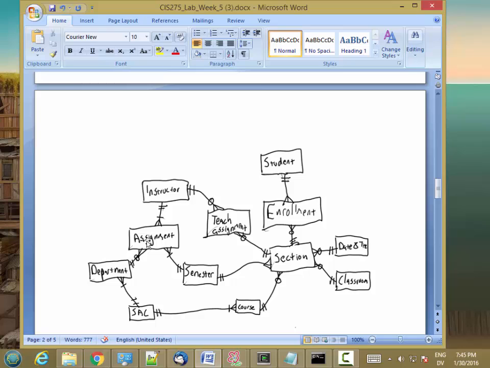Assignment is another weak entity because you can't have an assignment without an instructor who's assigned to teach the course, a department that they're assigned to teach for, and a semester that they're assigned to teach in. So assignment is also a weak entity. Generally speaking, most of these intersection entities you create are going to be weak entities. And most of the entities you started out with are probably just going to be strong entities.